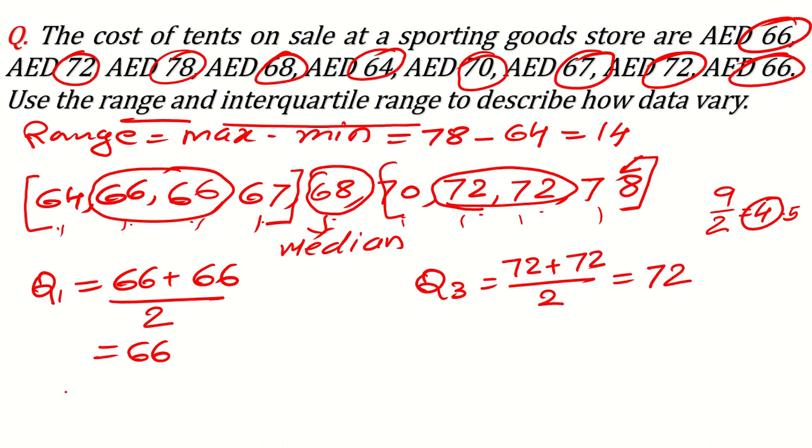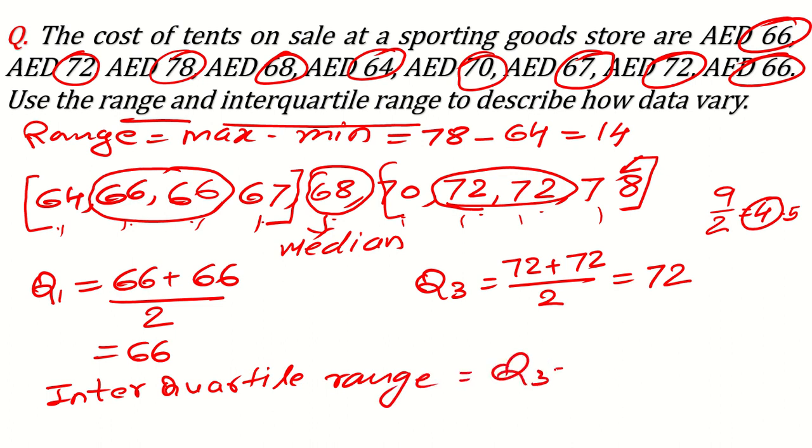Now you can see here the interquartile range. Interquartile range is equal to Q3 minus Q1, which is equal to 72 minus 66, that is 6 only. So what you can see, interquartile range is 6, but range is 14.